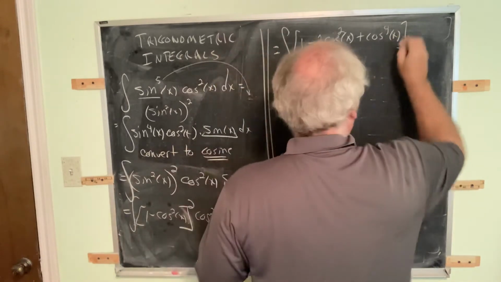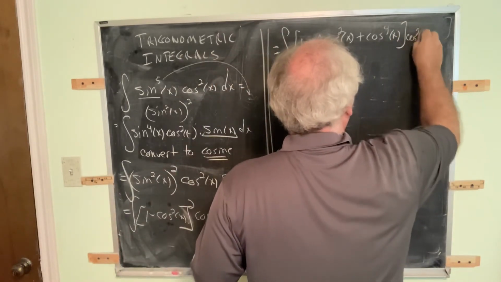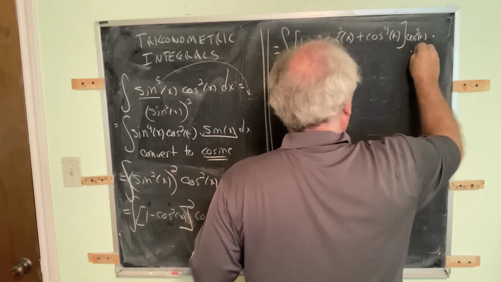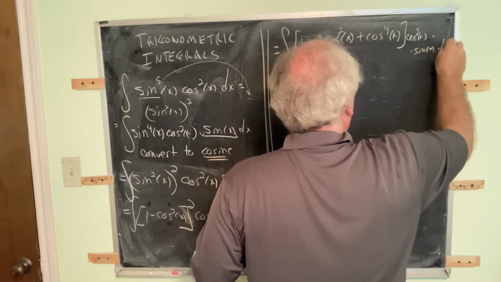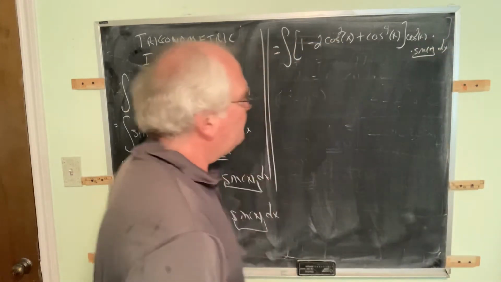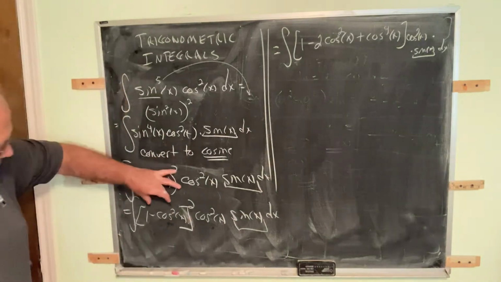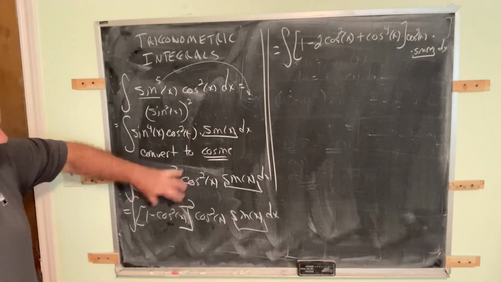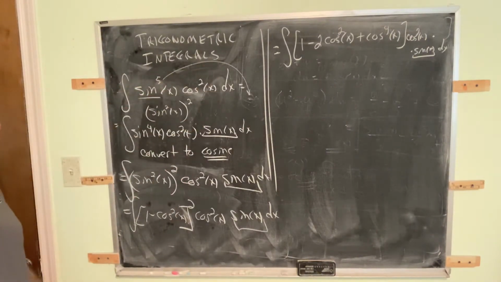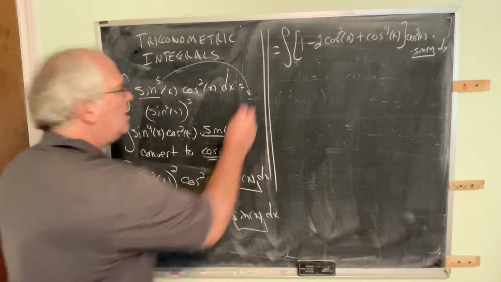And then that's times cosine squared, and then times sine of x dx. I ran out of space there. But see, 1 minus cosine squared, you have to FOIL that and get the cross product term.